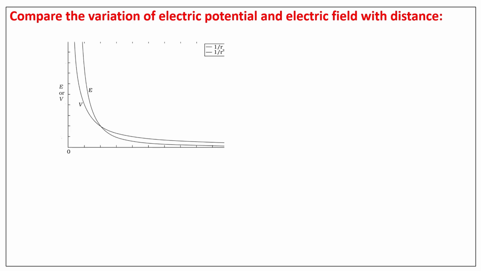Next, compare the variation of electric potential and electric field with distance. The graph shows the variation of potential V with R and field E with R for a point charge Q. They vary as V inversely proportional to R and E inversely proportional to R square.